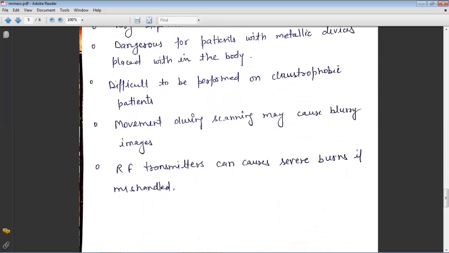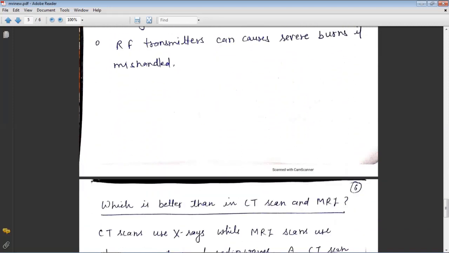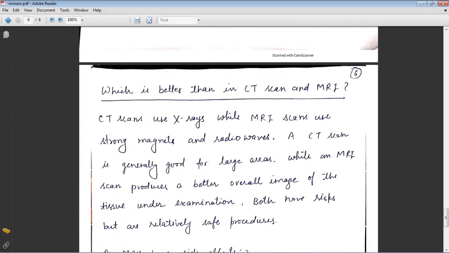Okay, so now here are some questions, very easy questions. Which is better, the CT scan or the MRI scan? हम लोग बार बार दोनों वर्ड सुनते हैं, CT scan और MRI scan. So which is better?